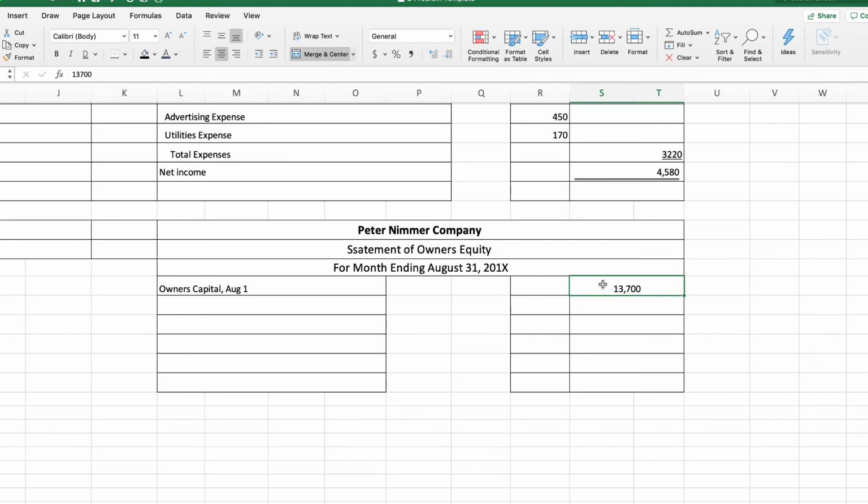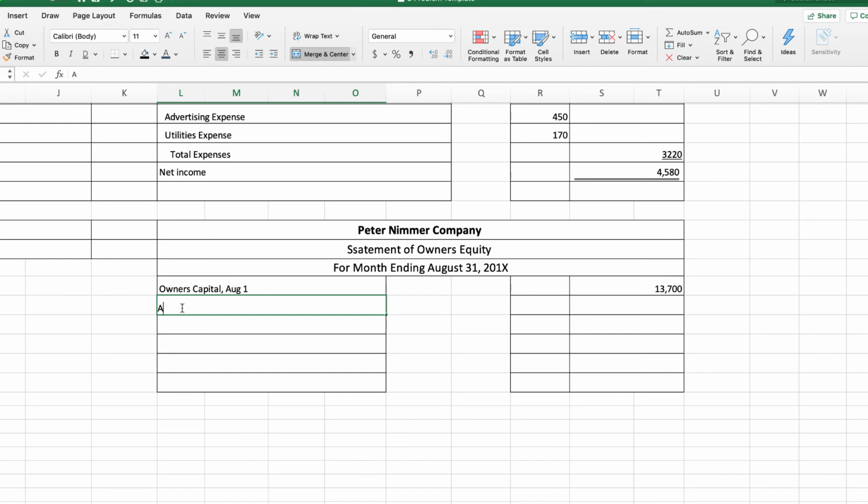Okay. Just bear with me here. I apologize when it comes to spreadsheets. I'm so anal with it. I realize that. Okay, so we need to think what increases owner's capital, what decreases owner's capital, right?